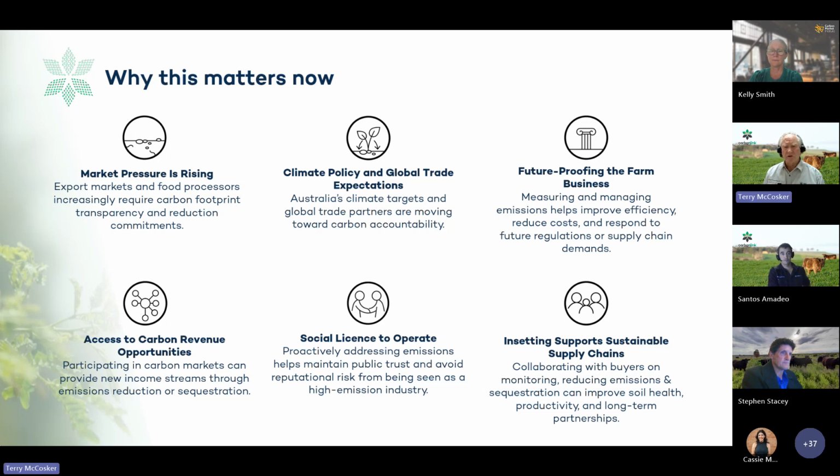I think we should be looking at ACCUs, not so much from the perspective of emissions, but from the perspective of future-proofing for business. If you've got ACCUs in your account and you hit a drought or a lower commodity price period, then you can sell those ACCUs and keep your cash flow evened out.